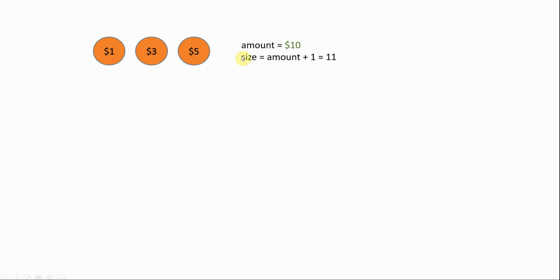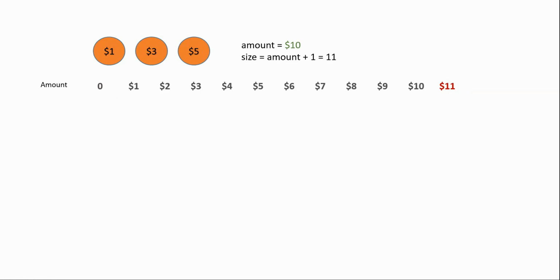So what we do is we define size. That's going to be amount plus 1 because remember, if you're using an array, it's always 0 based. So that's why you take an additional number, add it to the amount that we need, which is 11, and then just visualize the amount as going all the way from $0 to $11, right?